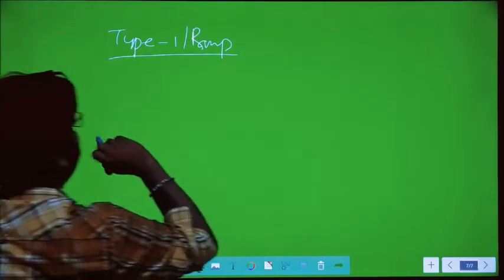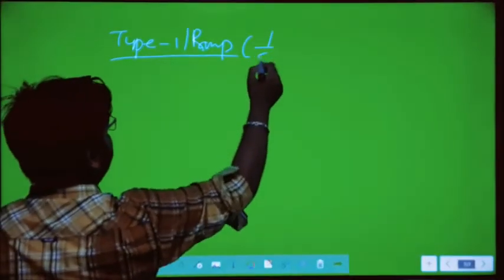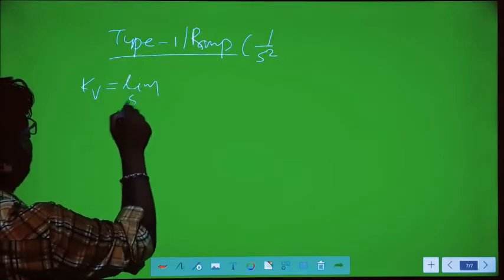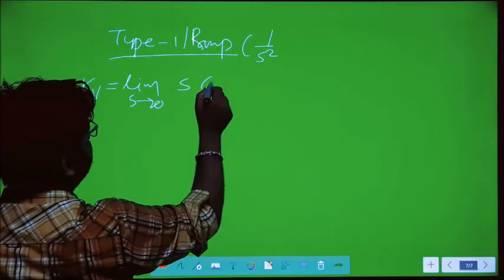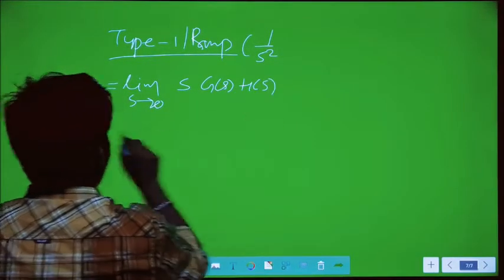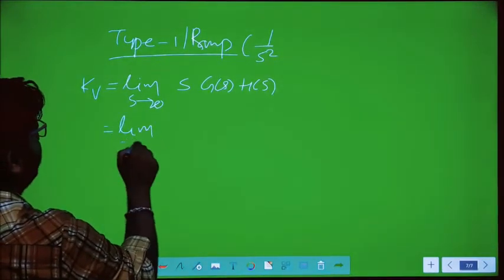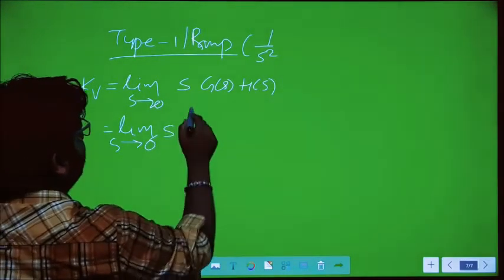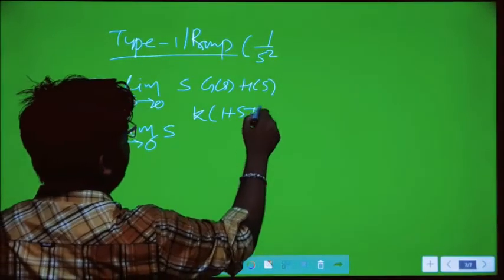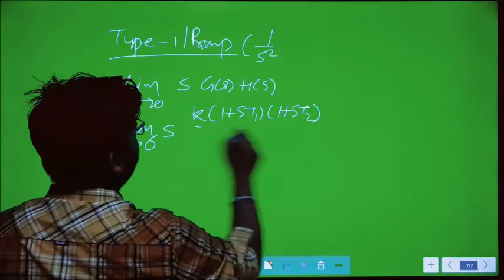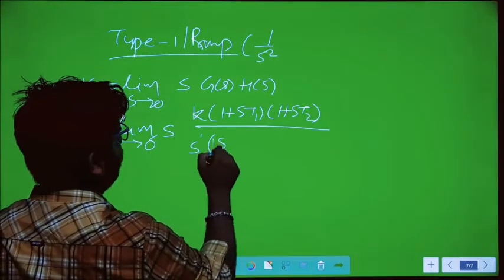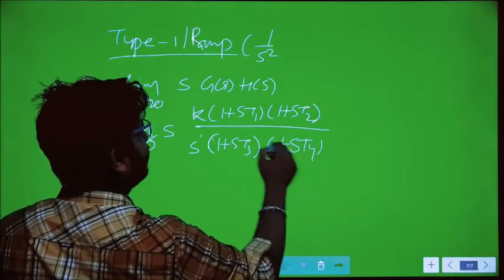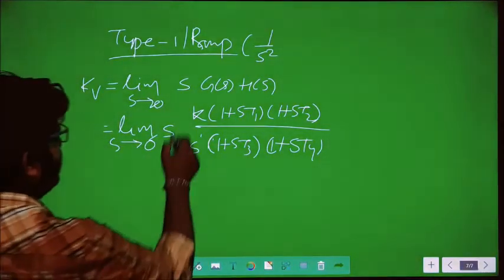For a ramp input, R of S is 1 by S square, and the error constant will be Kv, which is nothing but limit S tends to 0 of S into G of S into H of S. And we know that G of S and H of S for a type 1 system is K into 1 plus ST1 into 1 plus ST2, divided by S to the power 1 into 1 plus ST3 into 1 plus ST4. We have seen these things. And now we can cancel these 2 S.